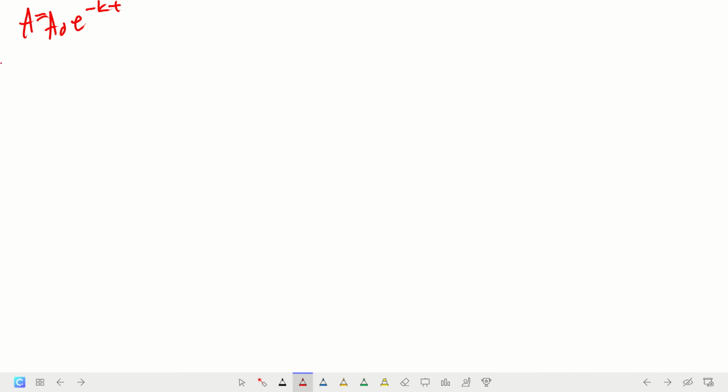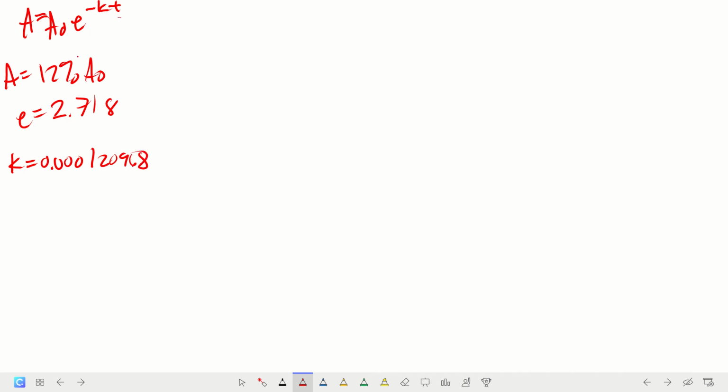So, yung given natin is that yung A is equal to 12% of the original, and then e is 2.718, and then we already solved for the value of k, where k is equal to 0.000120968. And then, we need to look for the value of t. So, we don't know the value of t.